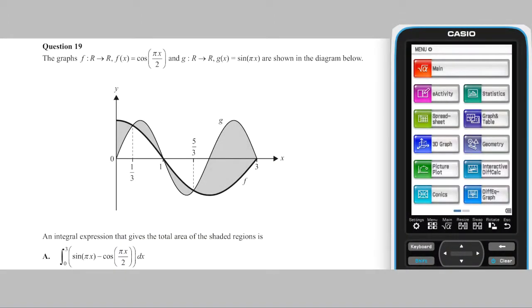Question 19. Looking at the graph, I'm going to label the bold function f as C for cos, and the non-bold function g as S for sine. Using that abbreviation, an expression for the area will be equal to the following.